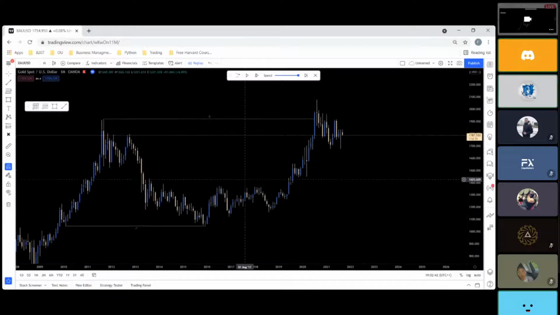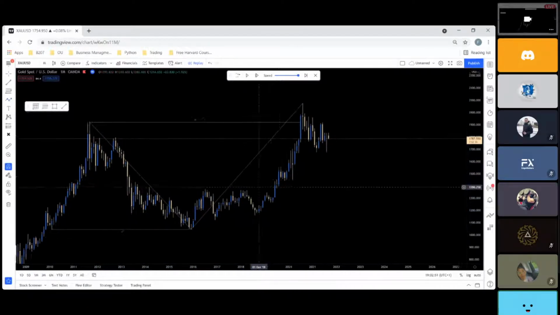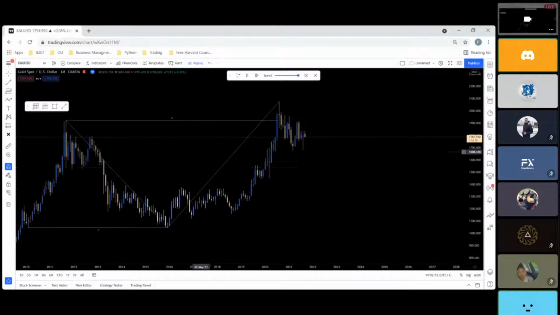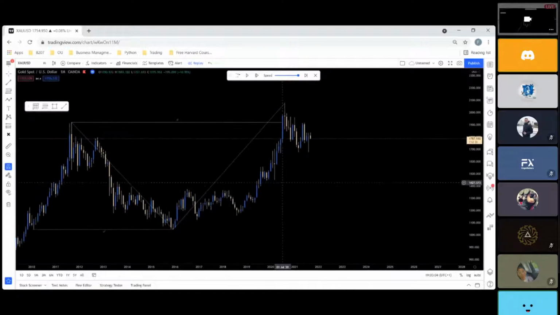So I'll drop down to the 1 month, and we've got this trading range right here. My first interpretation is we're going to come back down into this range over time, but that could be weeks or months.